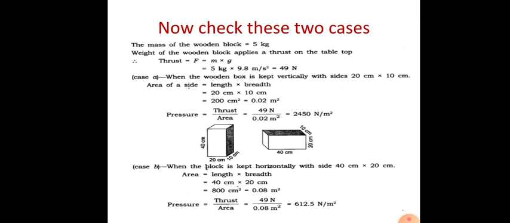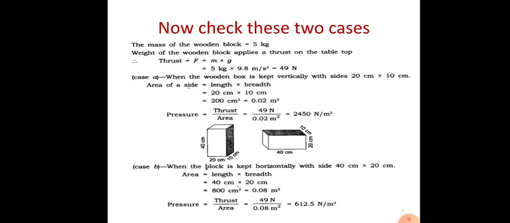And in the second case, the area being 800 centimeters square, that is equal to 0.08 meters square. But the force in both the cases is the same, which is the weight of the block, 5 kg into 9.8 meters per second square. 9.8 meters per second square is the acceleration due to gravity.